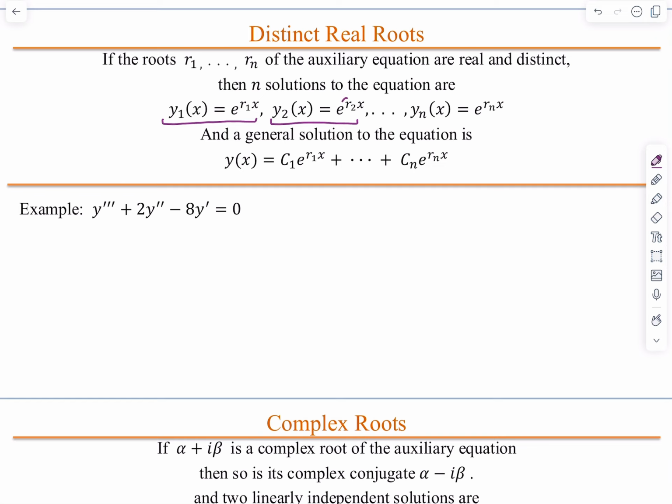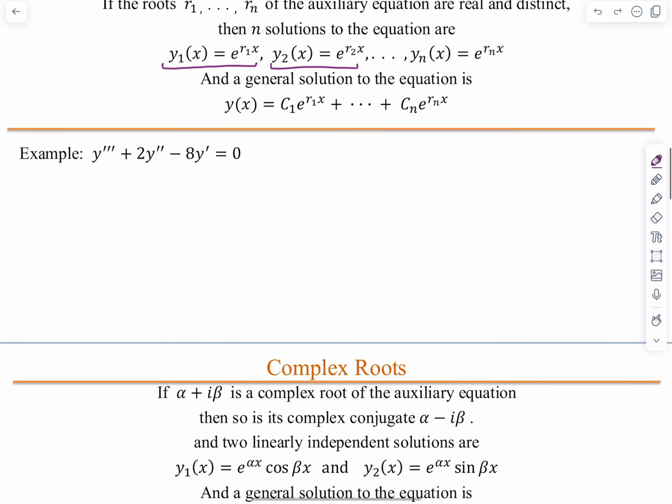So these are your roots here that you're seeing, and so forth, all the way to y sub n of x. Then we have our general solution made up of c sub 1 multiplied by e to the r sub 1 x, and so forth. So we have these arbitrary constants.